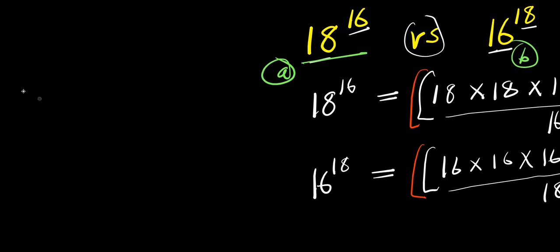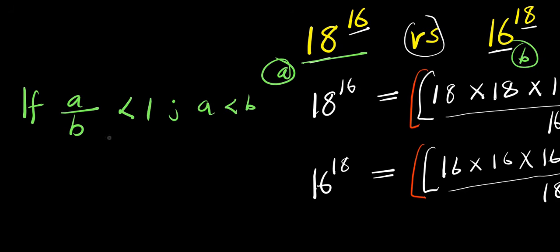Now, if A divided by B gives us a number that is less than 1, that means A is less than B. For instance, if A is 2 and B is 3, then 2 divided by 3 is less than 1. That means 2 is less than 3.